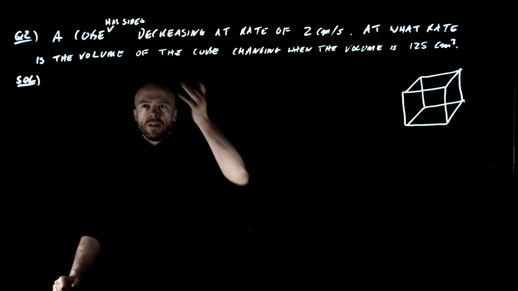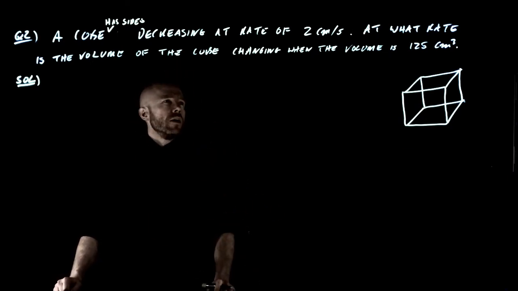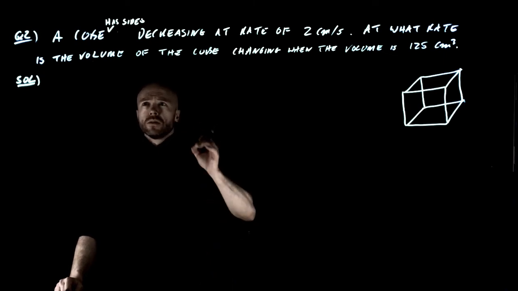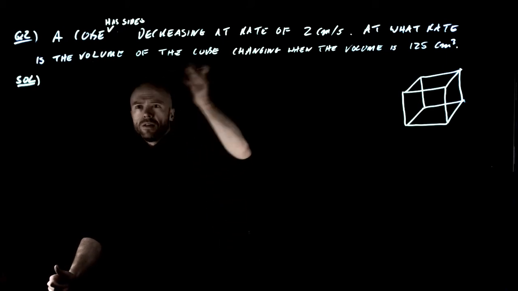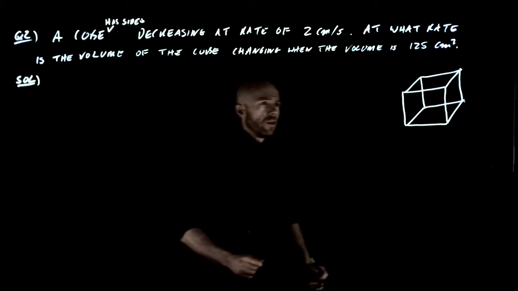So one of the quantities clearly is the sides, right? At what rate is the volume decreasing? At what rate is the volume of the cube decreasing or changing when the volume is 125 cubic meters? So our quantities are the sides and the volume. So these are the ones we can read off straight away.